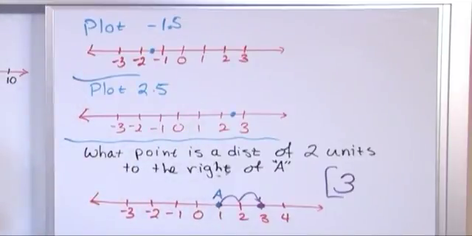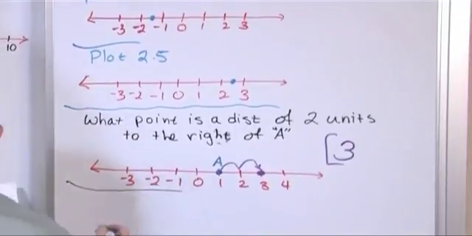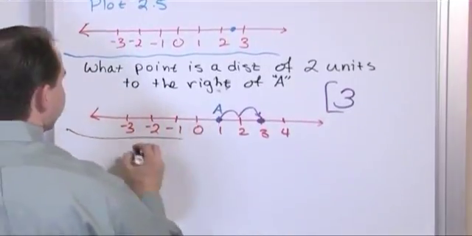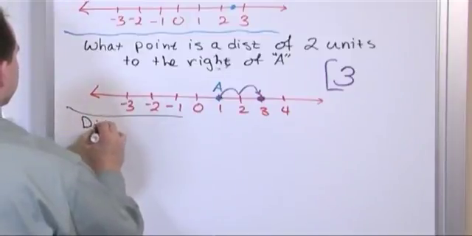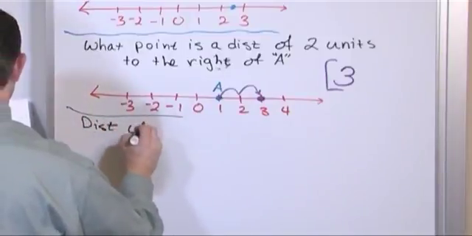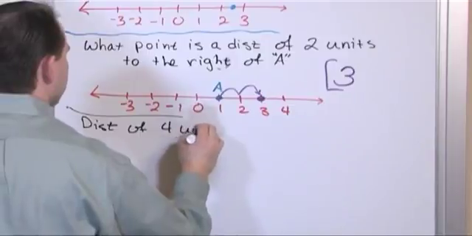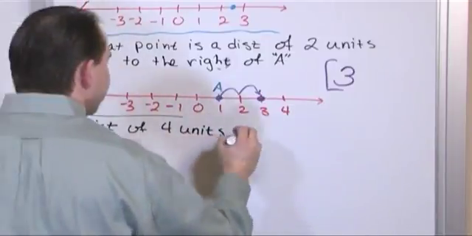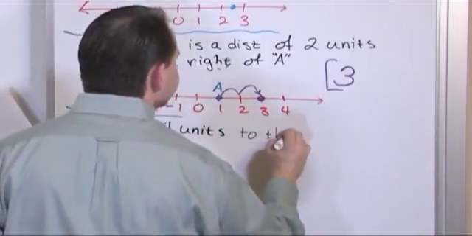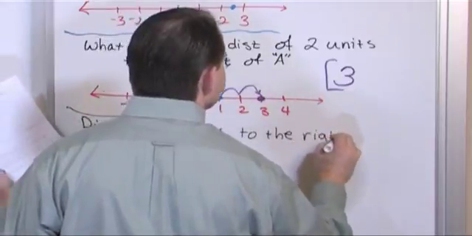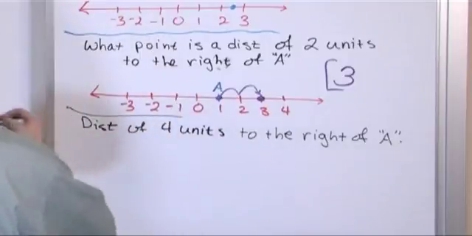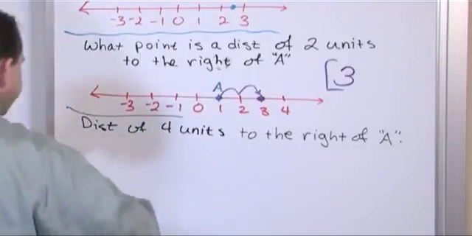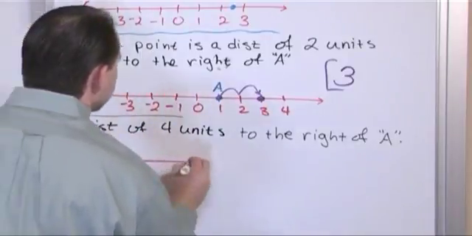Now, let's do another one. What point is a distance of 4 units to the right of A? And in this problem, I'm going to put A in exactly the same place, so I'm just going to redraw everything to make it clear.